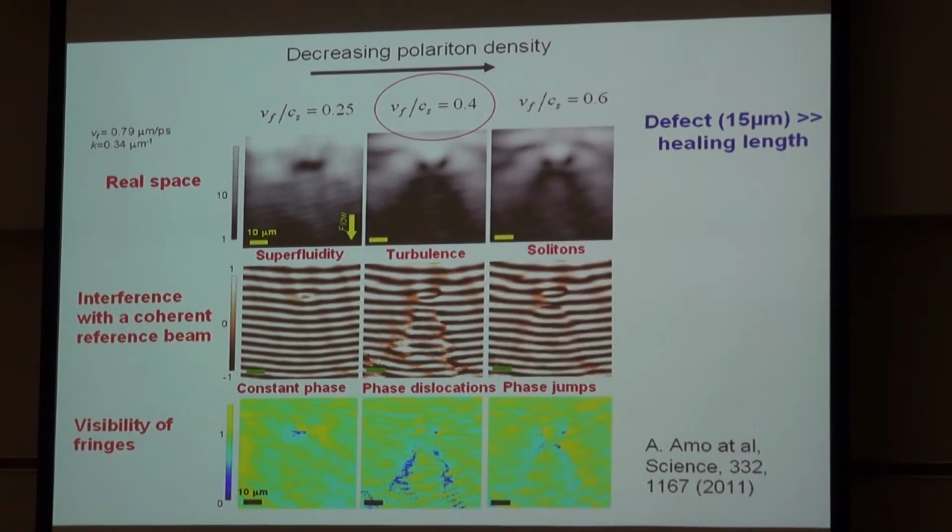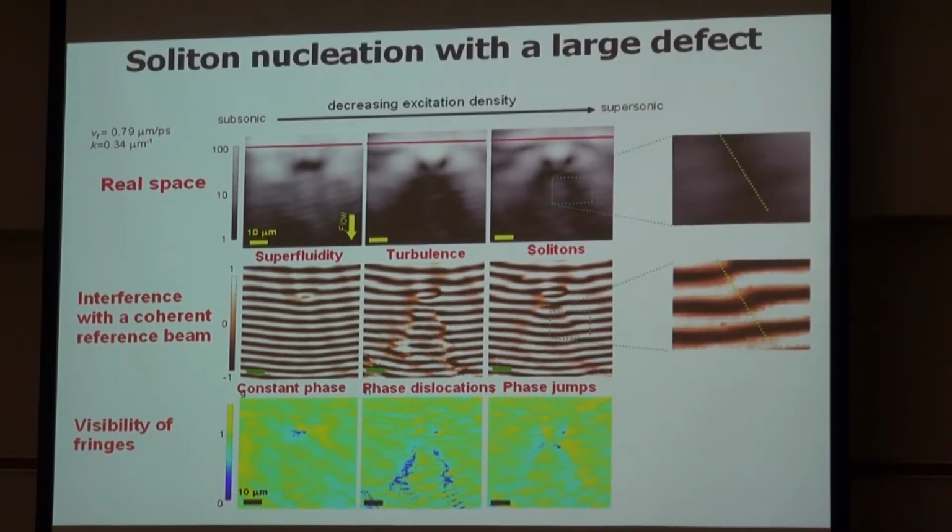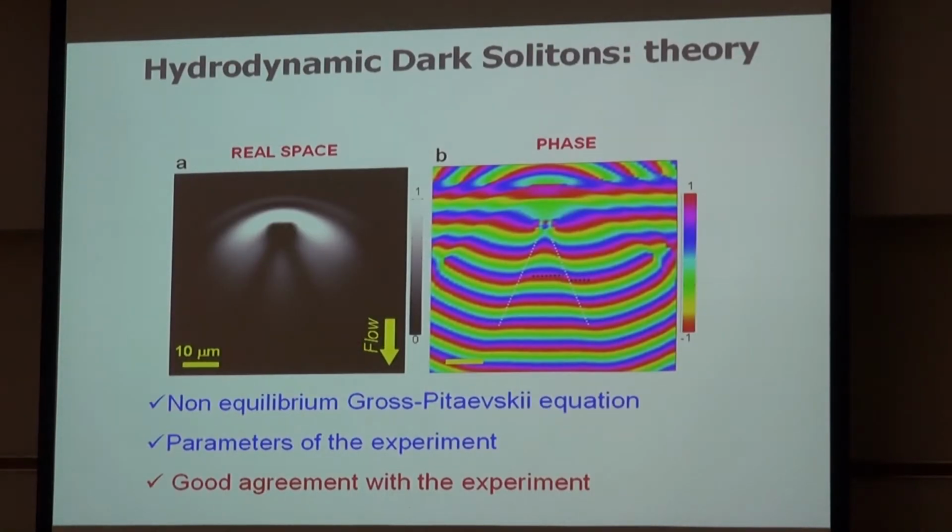And when this ratio is increased again, solitons appear. That can be seen here by phase jumps on this linear feature. And we could study that in detail and compare with theory.